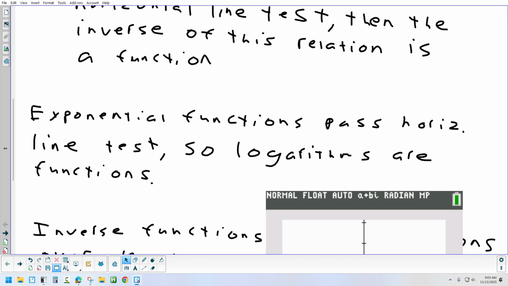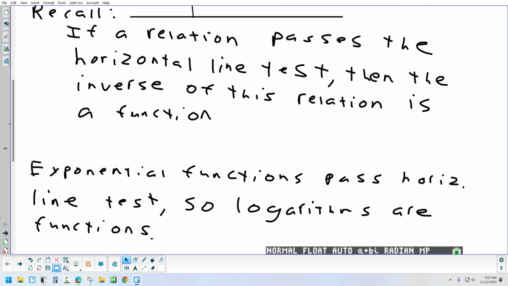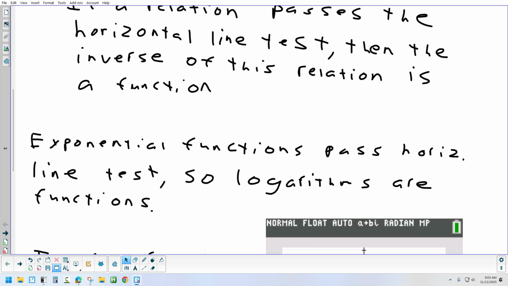Logarithms are functions. And piecing that together, that's kind of important to be able to put that thinking together, that if a function passes its horizontal line test, then the inverse of it passes the vertical.